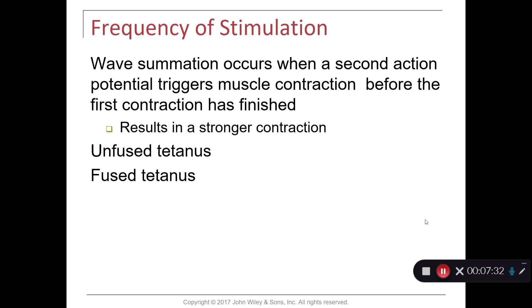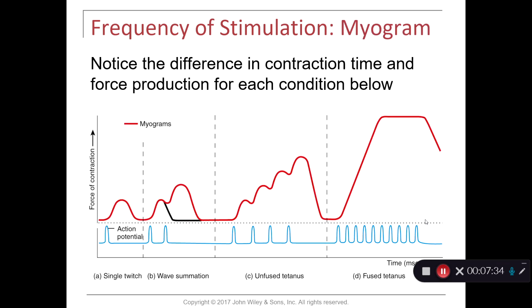There's something called unfused tetanus and fused tetanus. In unfused tetanus, you're getting multiple signals. Here's this blue line that's talking about the neuron, that cell from the nervous system, sending signals. When you get multiple signals that are kind of interspersed, you're starting to get that shivering and shaking going on. It doesn't look like a clean, smooth curl.